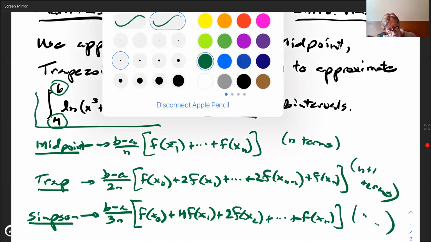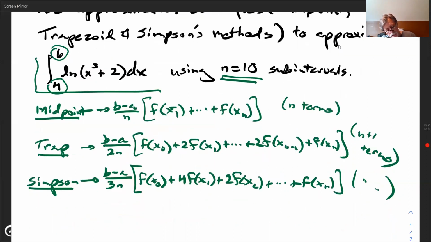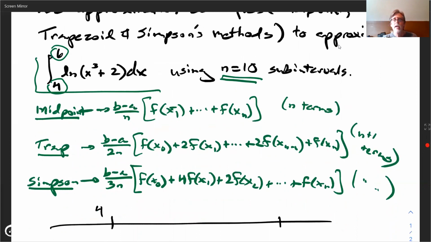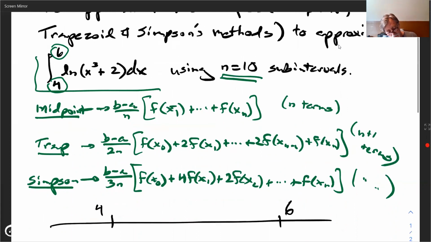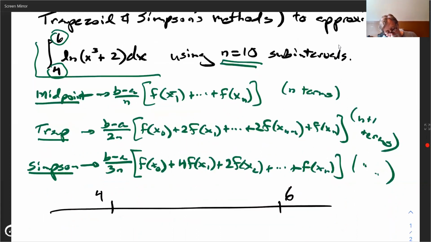So let's take a look at that. Pretend you're on a number line and we're going from 4 out to 6, and you divide it up into 10 equal subintervals. The fastest way is to use the formula b minus a divided by n: take the upper limit, 6, subtract the lower limit, 4.